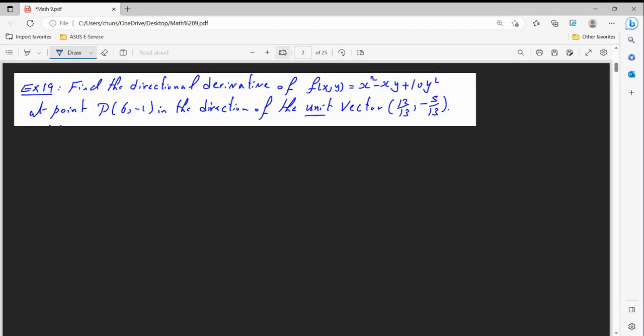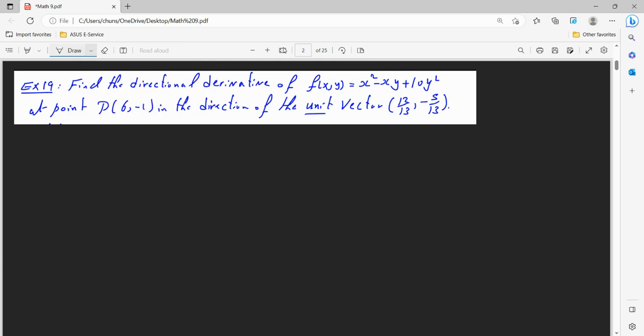So if we were to do an example of this, we want to find the directional derivative of this function here. So we know our directional derivative is equal to our gradient of f at a certain point P with our dot product of u.